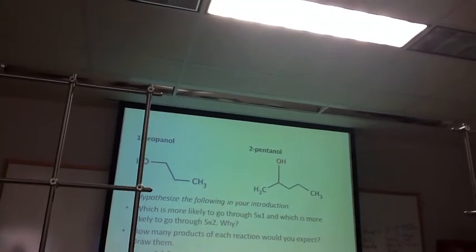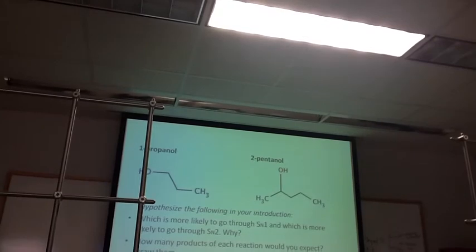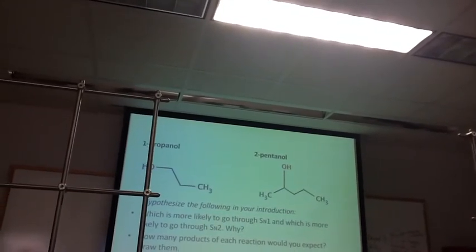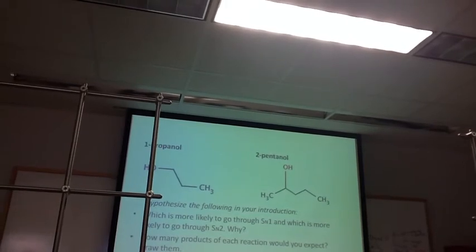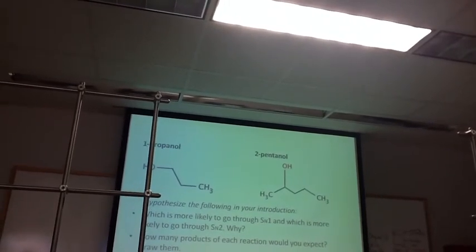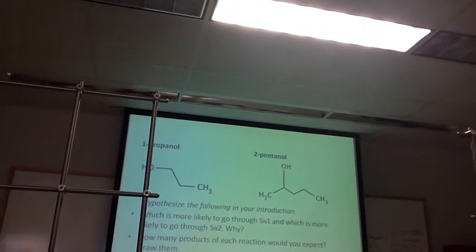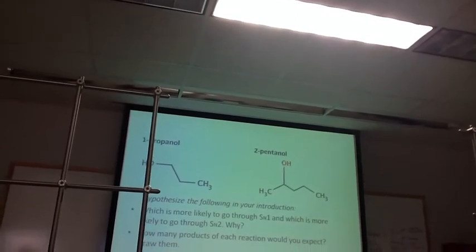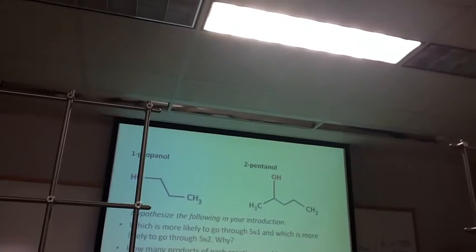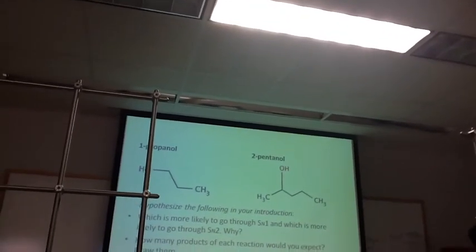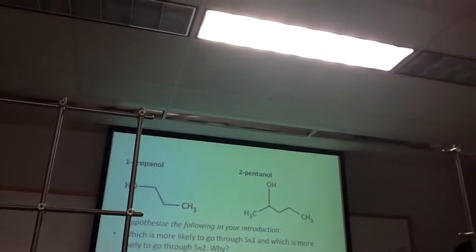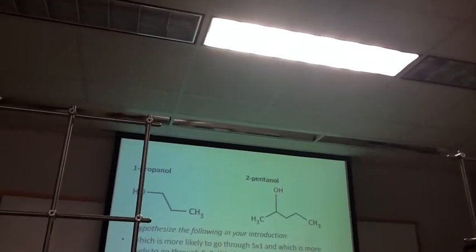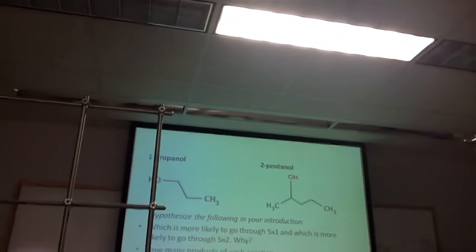Okay, how many products would you expect? 1 for 1-propanol. Why is it 2? You have a hydride shift in SN1 and an SN2. So, okay, so we said 1-propanol is SN2. There is no carbocation forming, therefore there's no rearrangement. There's no rearrangement, there's only 1 carbon.